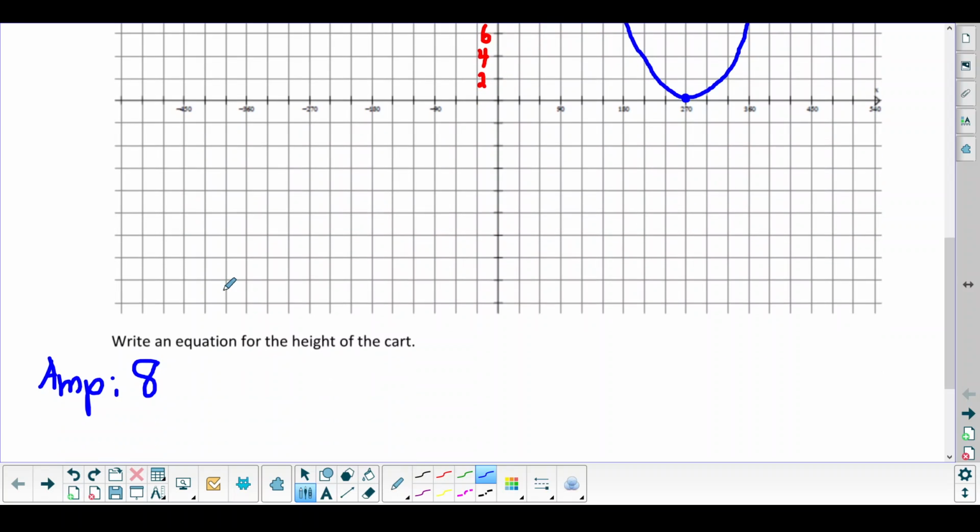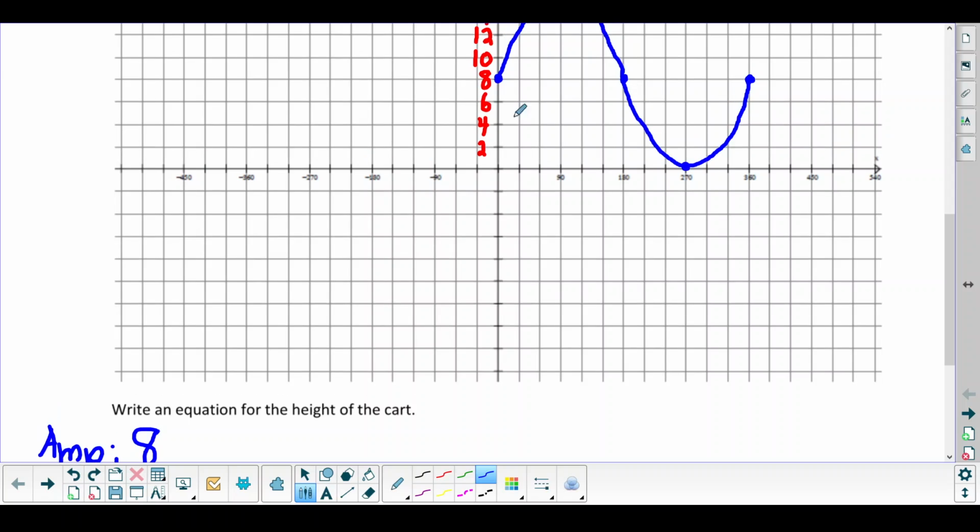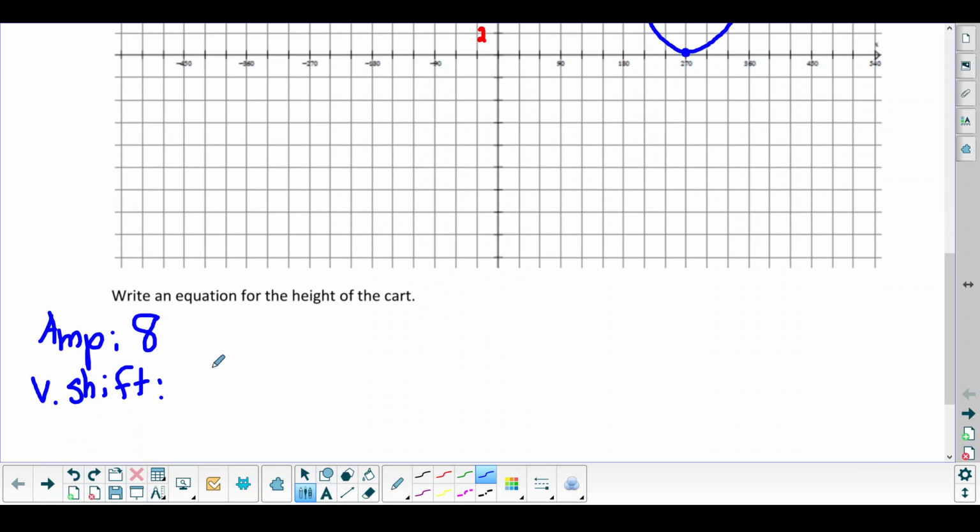Okay, what else? Well, we have the vertical displacement, or the vertical shift, which is the height of the center of our wave. So the height of our center is 8. In this specific example, it is also the radius, and that's because we're assuming this Ferris wheel is on the ground.